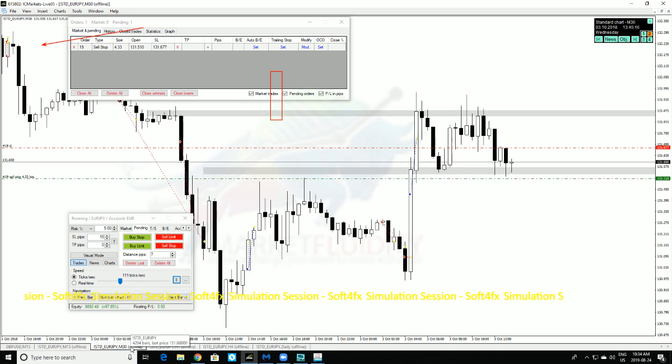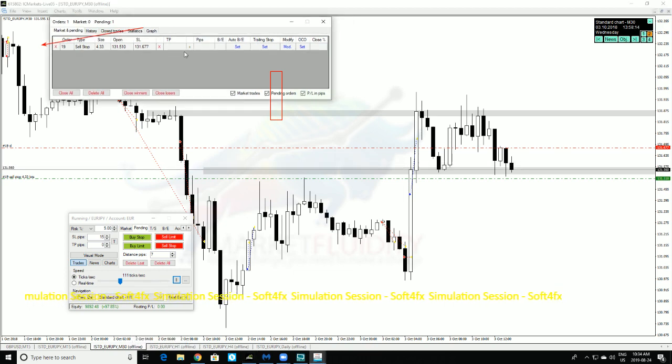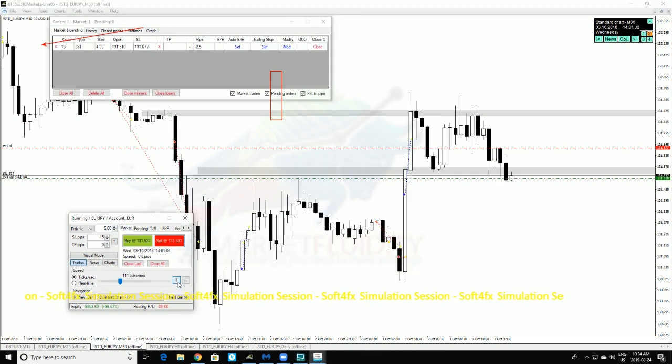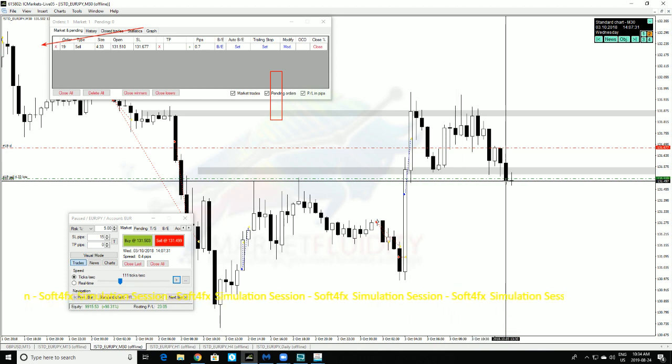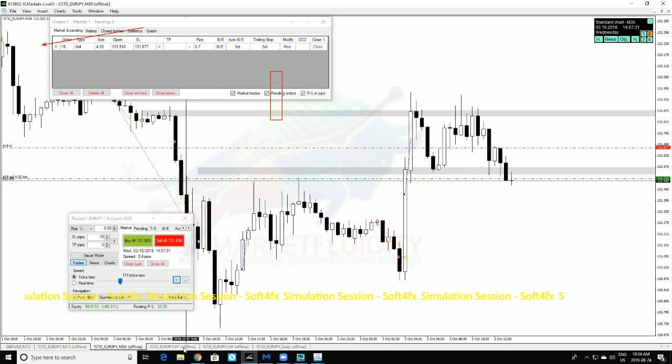All right, let's see if it breaks down. We have no position in right now. Oh, activated. We've broken support. The 30-minute candle closed with no wick, but the momentum is down.